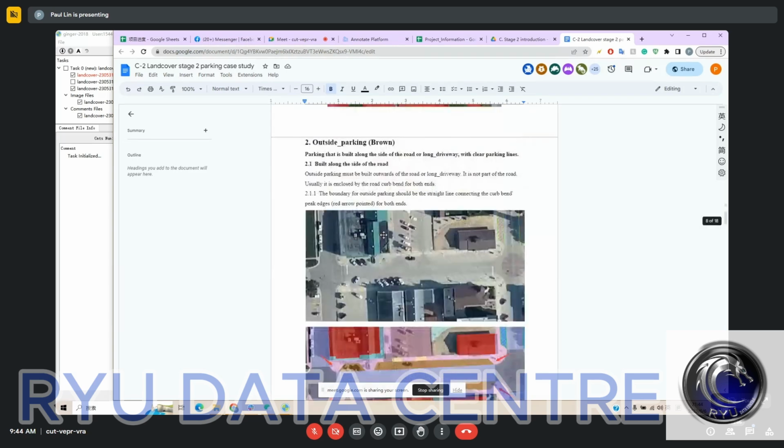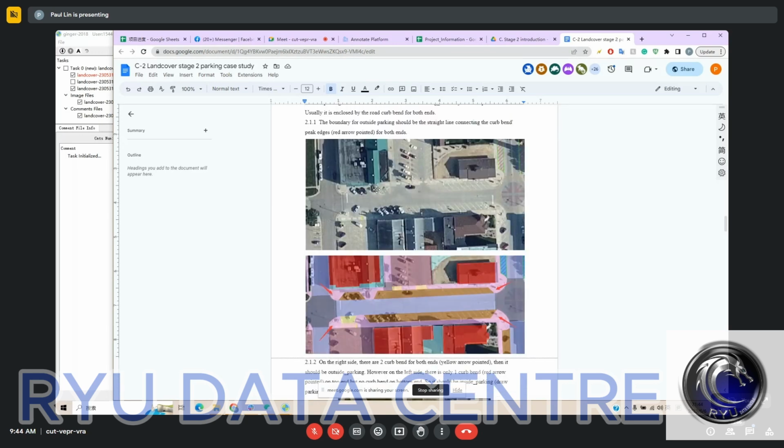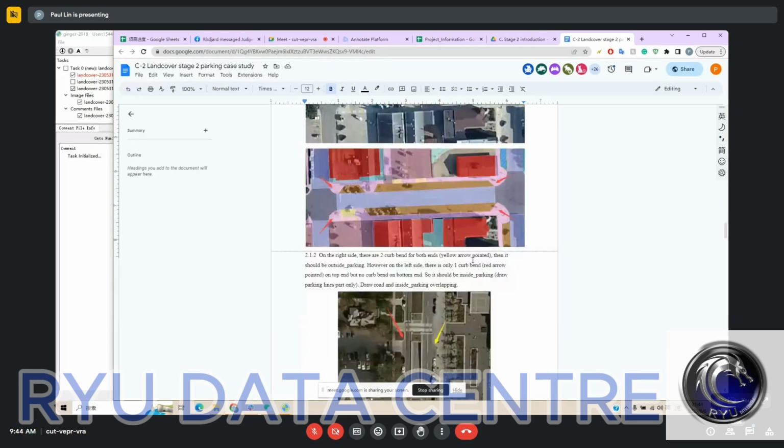There are more examples. The parking built along the side of the road or long driveway with clear parking lines, remember, clear parking lines, we need to capture as outside parking. Like this one, the road is in the middle and the parking is beside the road. In this case, we capture it as outside parking.